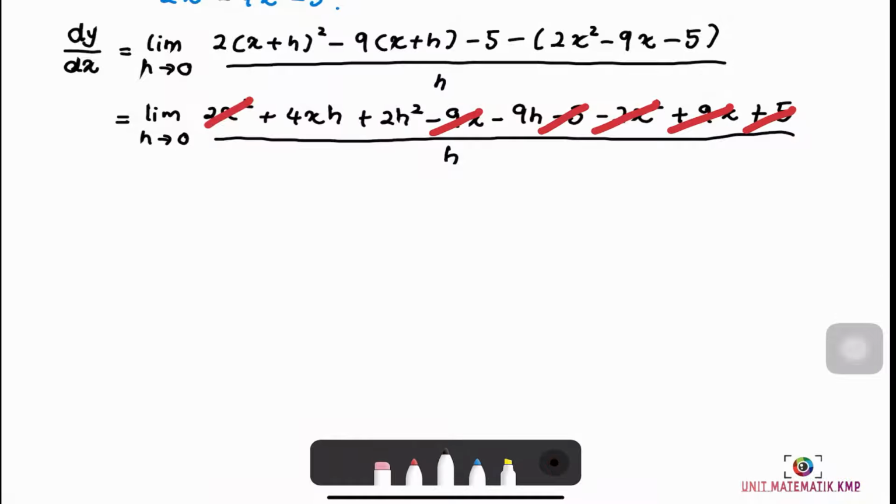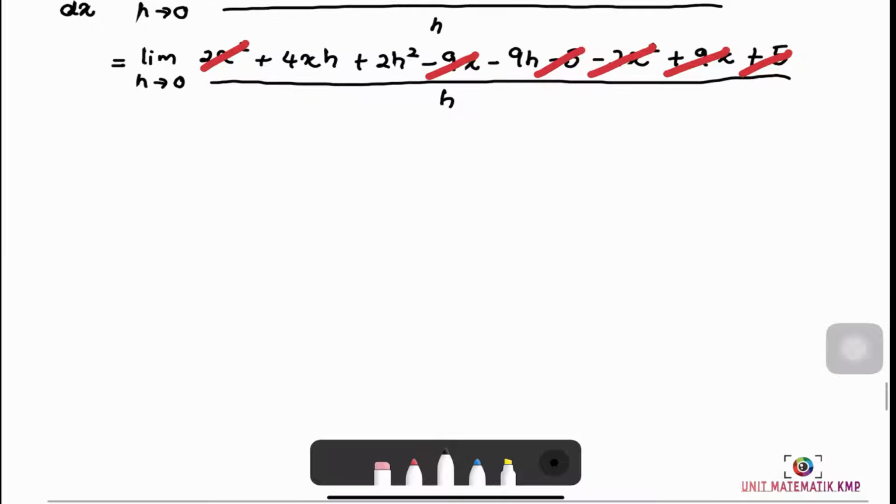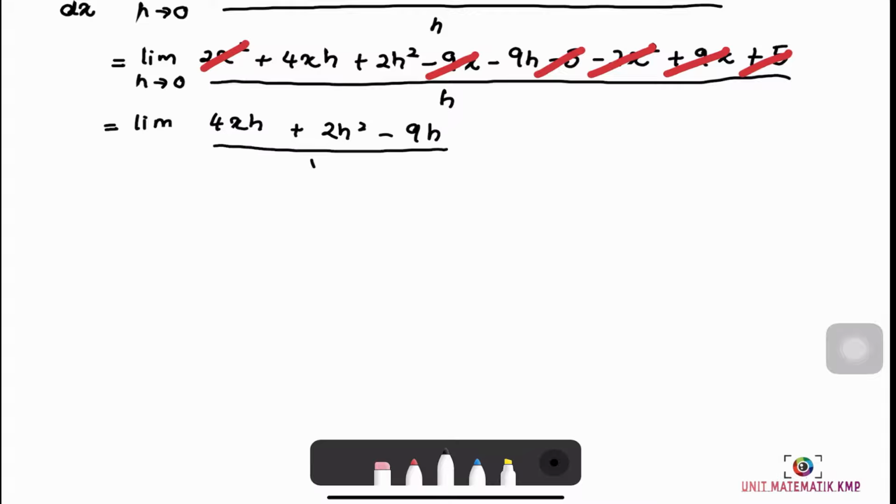So now we will have the limit of 4xh plus 2h squared minus 9h over h when h approaches 0.